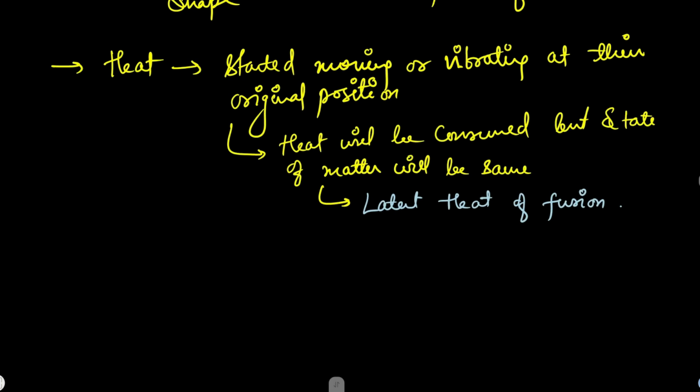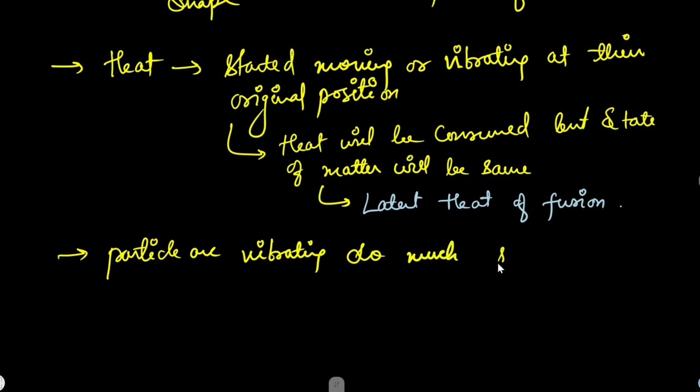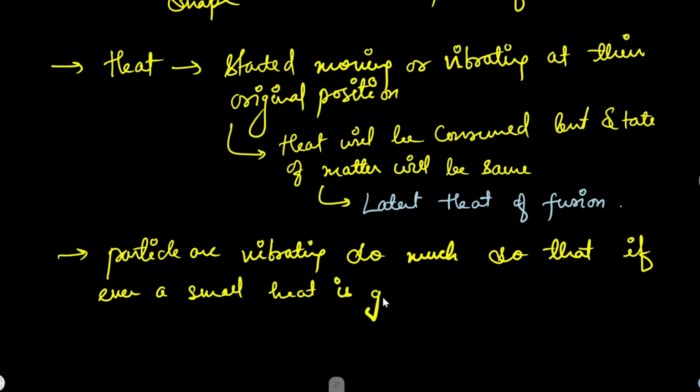Now there will be a time when all the particles are vibrating so much that even a small heat provided will make them change their position.